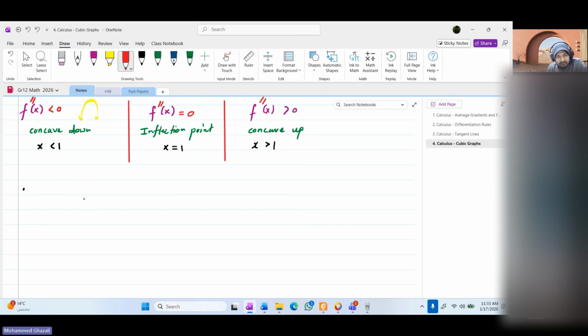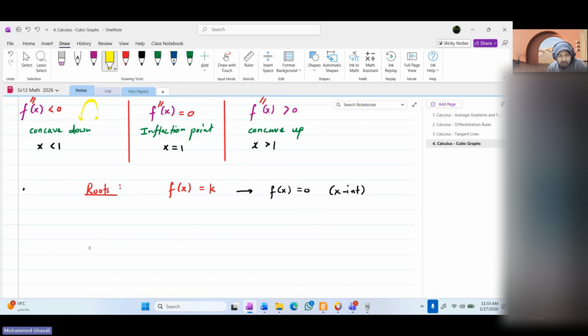is about roots, right? So we say f of x is equal to k. Now, remember, when we say f of x is equal to 0, it means x-intercepts, okay? Now, what happens when we say f of x is equal to k in a cubic equation?